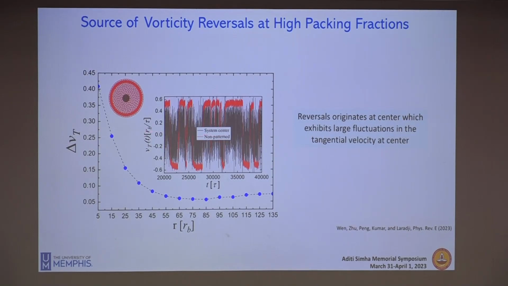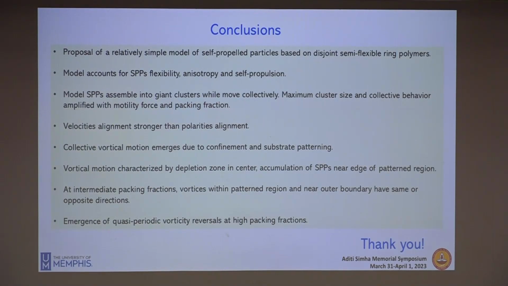You see a huge amount of fluctuations in the center. So the motion of particles in the center of the system is quite turbulent. It changes direction a lot, and from time to time there is nucleation of a vortex of opposite direction and growth of that vortex. So I will just stop here.